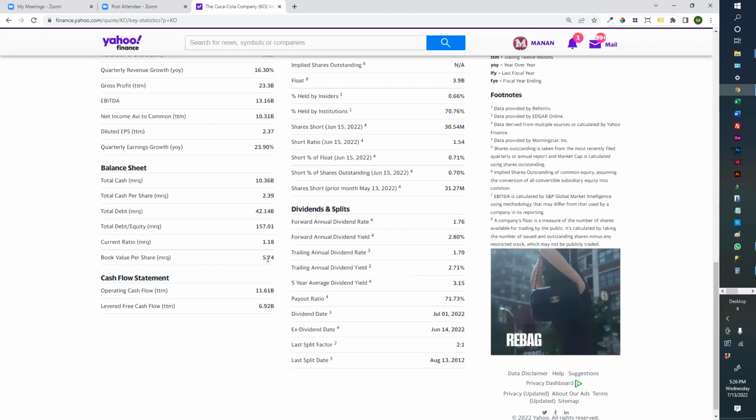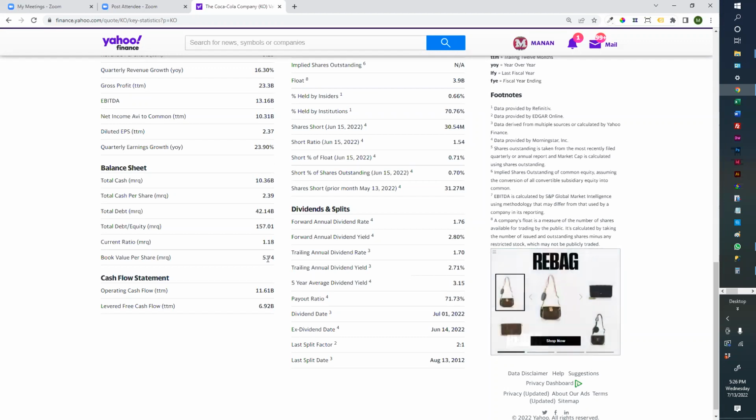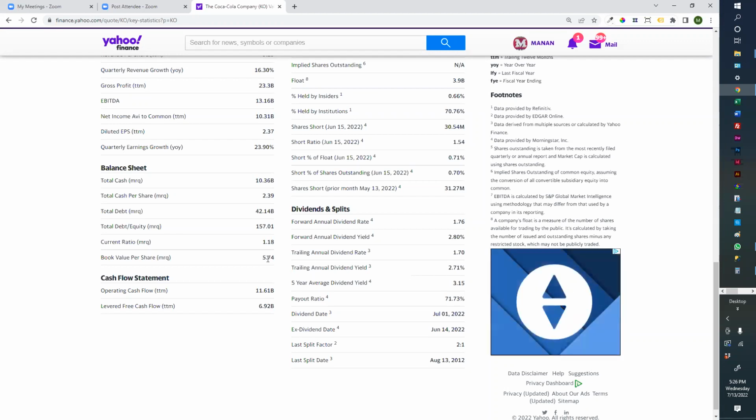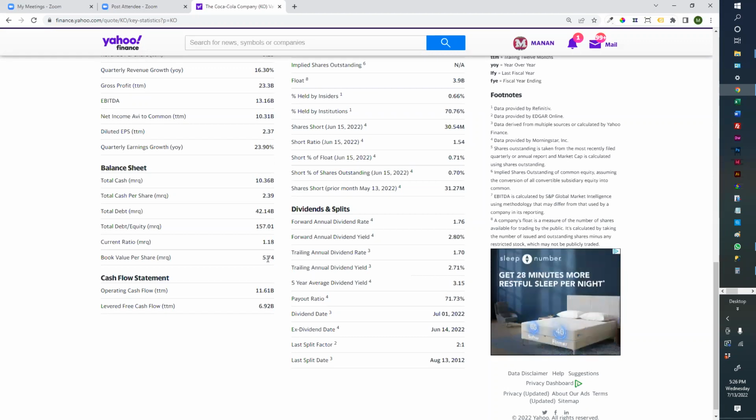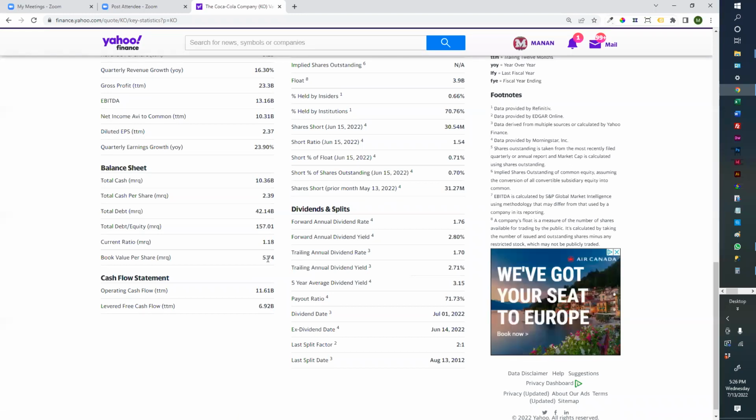If Coca-Cola is trading at $5.74, what Buffett will do is sell everything and buy only Coca-Cola, because he knows that he can recover $5.74 in 2 years. So Coca-Cola will never trade at $5.74. The return on equity generated by Coke on whatever shareholder money is there is so high that you have to pay a premium.